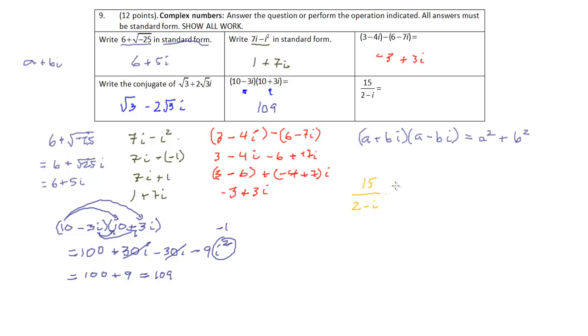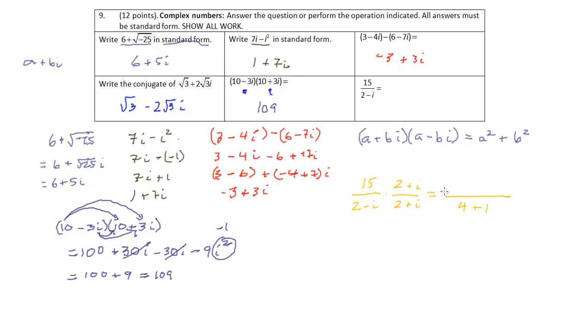To perform the division, we're going to multiply by a form of 1, which is the conjugate of the denominator, 2 plus i over 2 plus i. Now the denominator is going to be 2 squared plus 1 squared, or 4 plus 1.